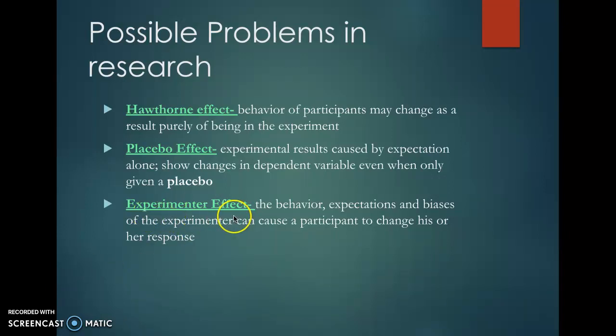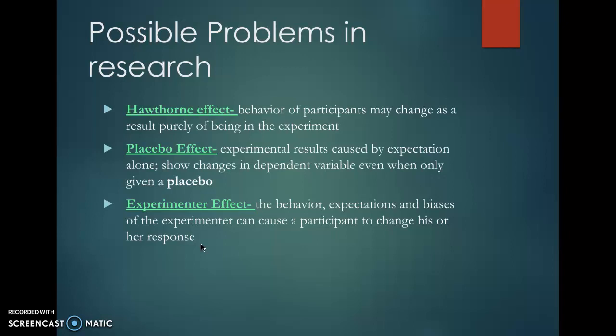And lastly, the experimenter effect. The behavior, expectations, and biases of the experimenter can cause a participant to change his or her response. What that means is, in a medical study, if you were part of it and I was the doctor, and I walked in and just threw the pill at you and generally projected that I didn't care about being there and didn't care whether it worked for you or not, that was going to impact you, and you'd think, oh, I'm not getting the real thing, so this is useless.